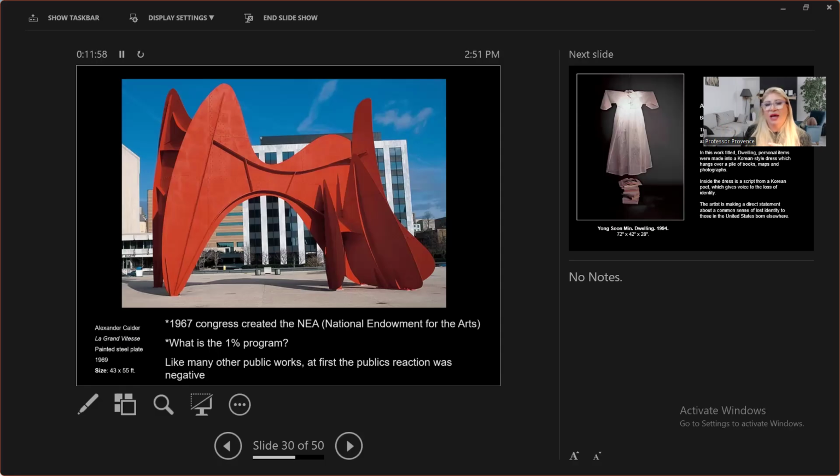Let's say that you are a dance team and you need to travel someplace for an event. You can apply to the National Endowment for the Arts, who can supply scholarships and funds and donations and grants to take your team to where you need to go.